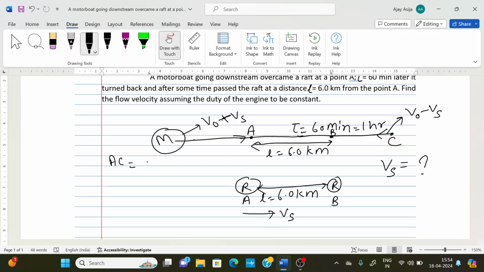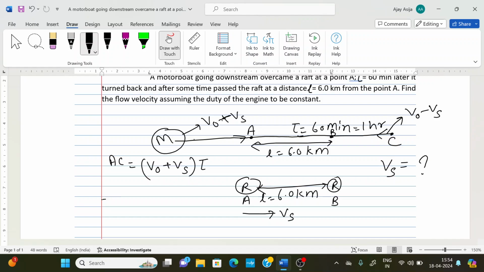So AC will be equal to the velocity of the motorboat and the time taken from A to C, that is tau. We will solve it for a general formula first, using general terms like tau or L, and then put in values to calculate the result in numbers.